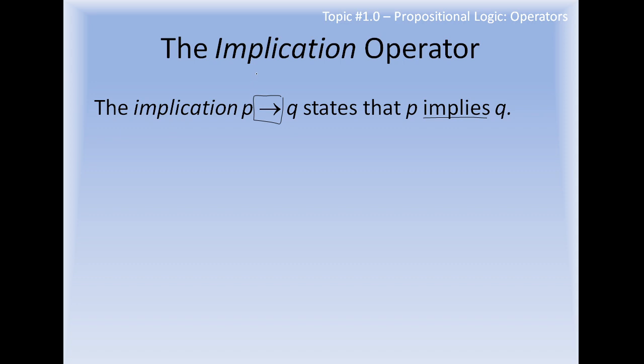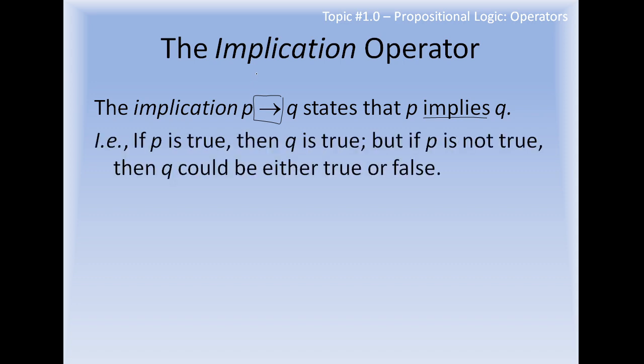Now, what is the connective that we use for implication? The connective that we use for implication is if then. So if we are using the connective if then, it is a conditional, or you can call it the implication.